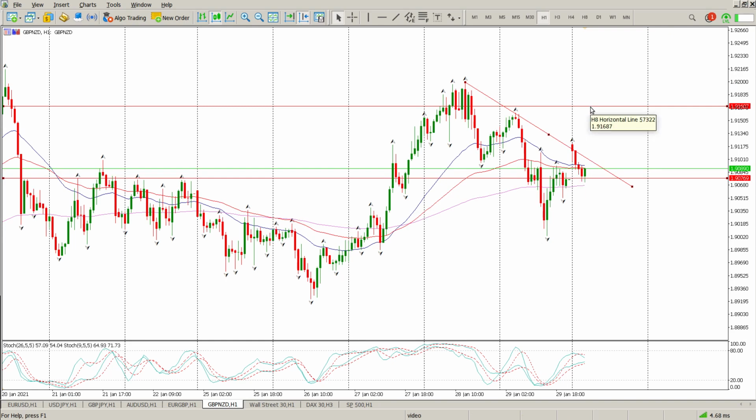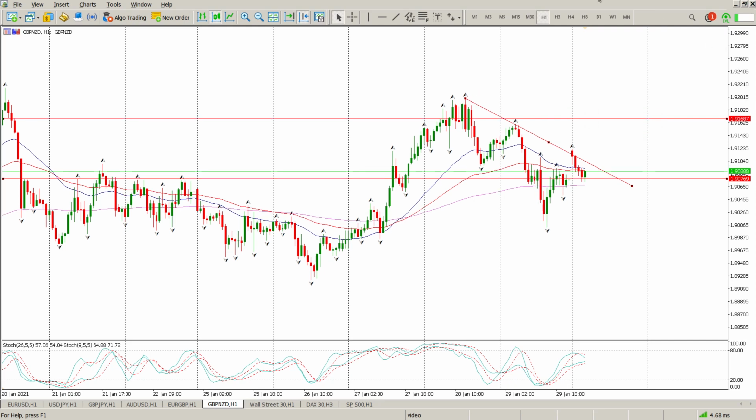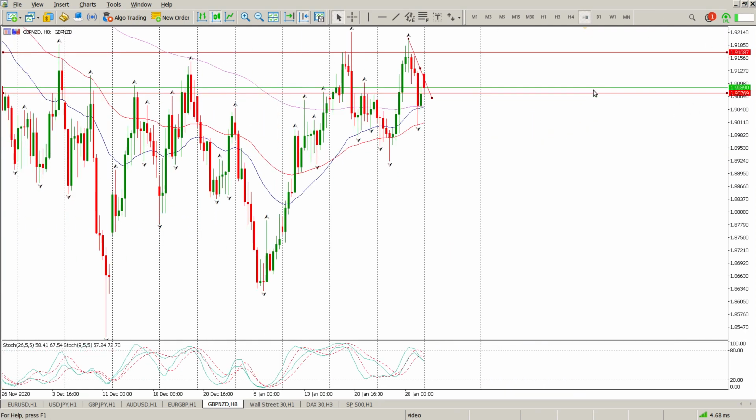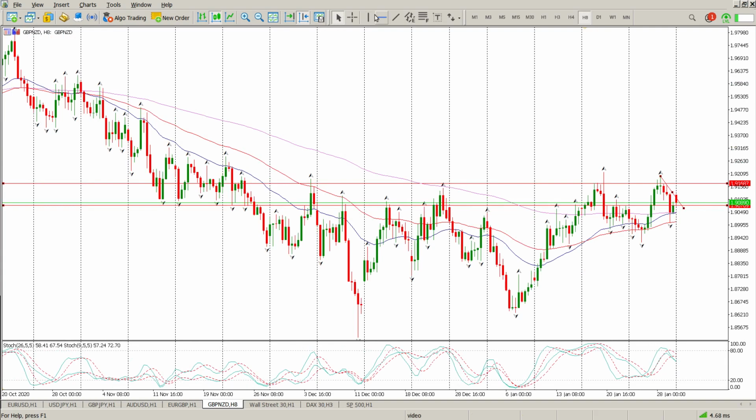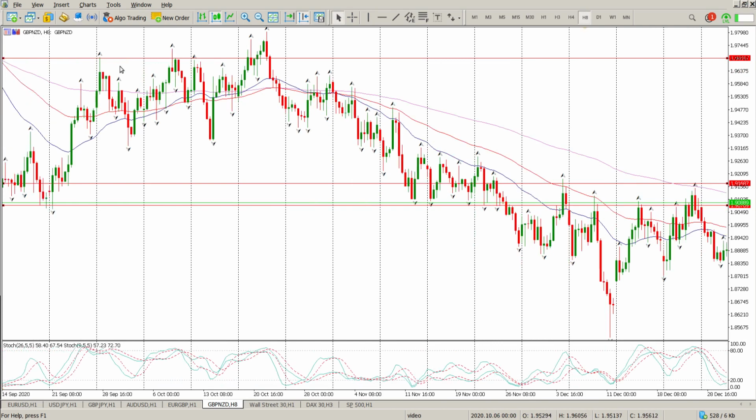Then we're looking firstly for 191.687, and if that gives way, the sky is basically the limit, because then what we're looking for is this big head and shoulders to play out, and that's going to take us all the way up, right into the structure here, and that is 196.917.